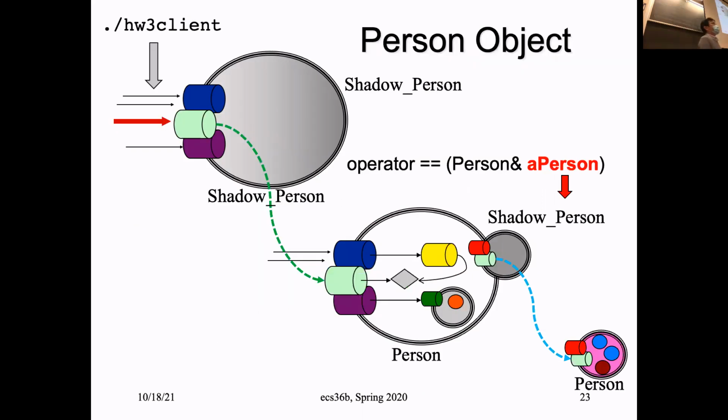It looks like this. We distribute one person object on a third server. So we have 3 programs running. One is called HW3 client, one is called HW3 server, and the third program, I call it HW3 another, it's another server.